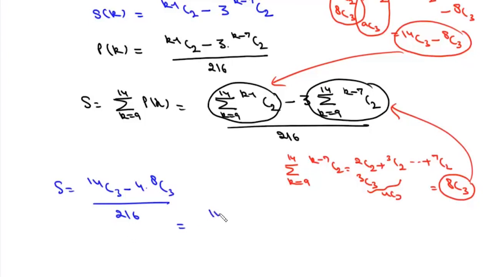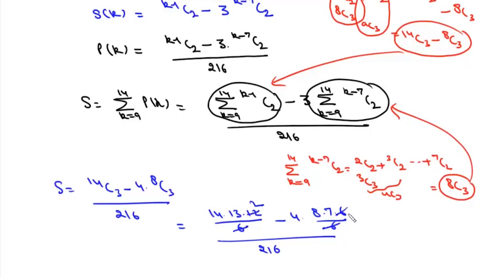Now 14C3 is 14 into 13 into 12 over 6, minus 4 into 8 into 7 into 6 over 6, divided by 216. Now this is 2 and this is 6. So it will be 28 into 13 minus 8, and 13 minus 8 is 5, divided by 216.